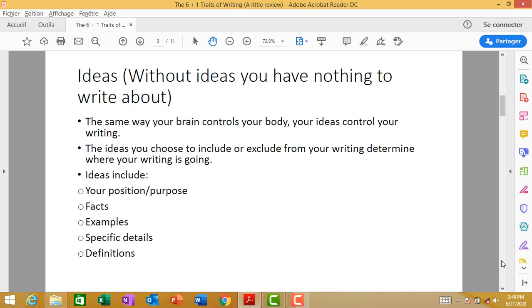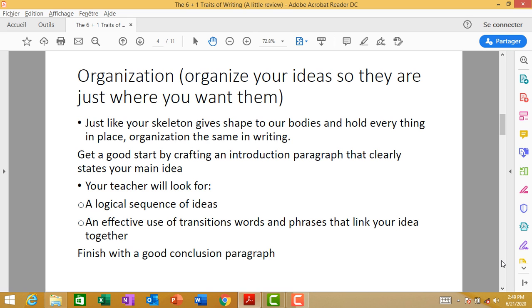And because these are the things that are going to lead your writing to a certain path, this is why we say that they are the brain of your writing, because they will be controlling your writing. Now let's look at organization.